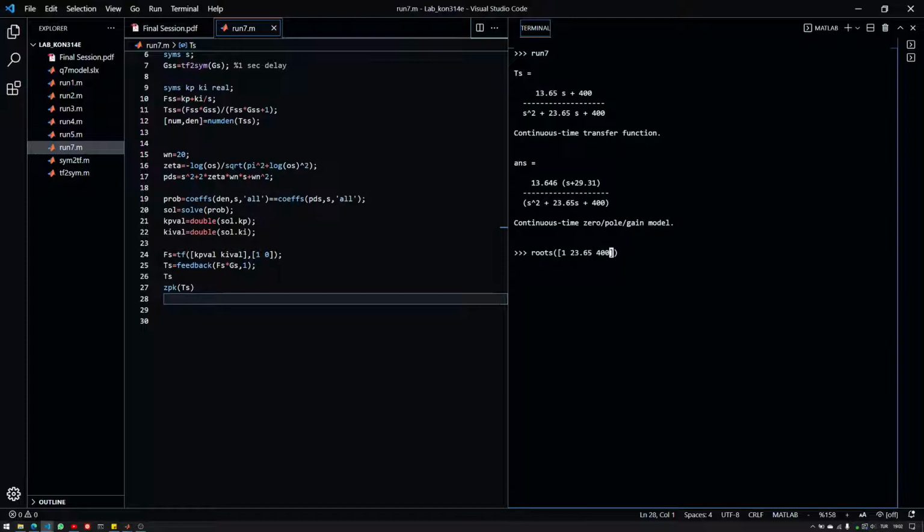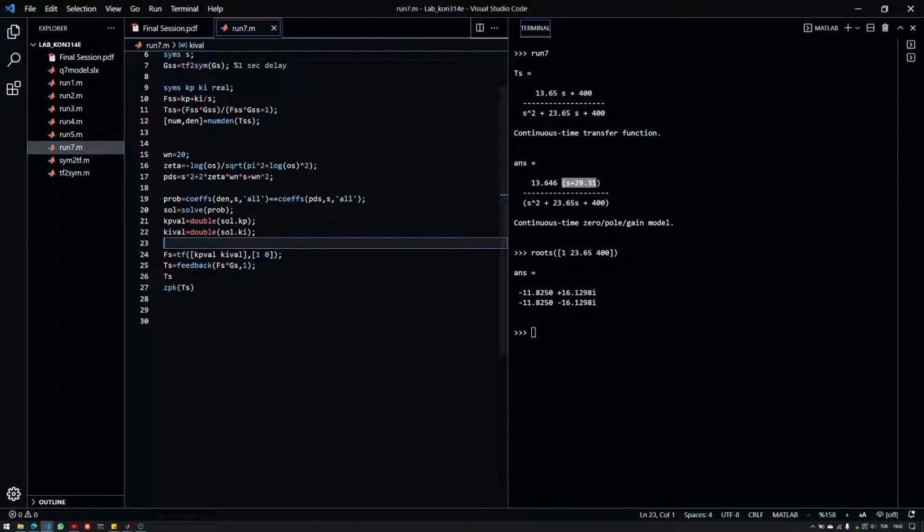The roots lie here, minus 11, and then we have 29, which is, yeah, I guess it is sufficient. So you have to be aware of the position of the 0. We might go ahead and look for the numerator and then solve that with omega n to get maximum dominance factor. So that would be one way of defining omega n. But for this question, it's not really that important. So we'll skip that for now.